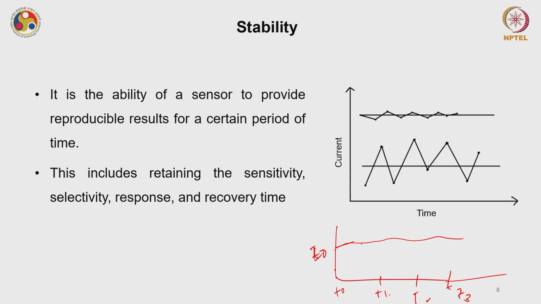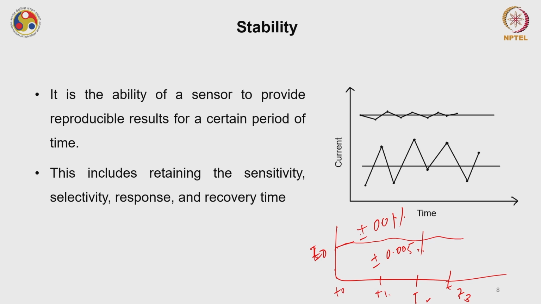so I naught is not deviating beyond, say, plus minus 0.01% or plus minus 0.005% or so, I can say that my sensor's performance will be stable.